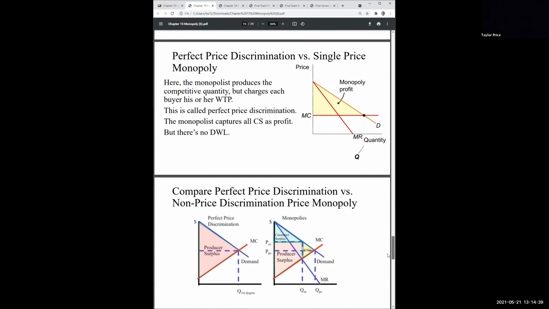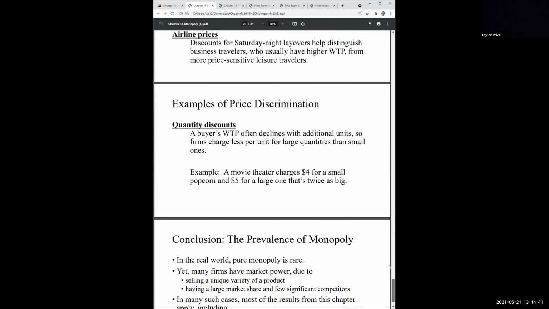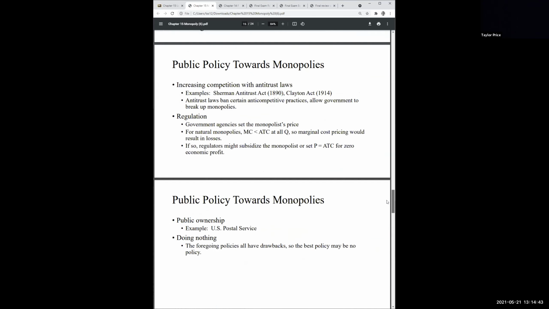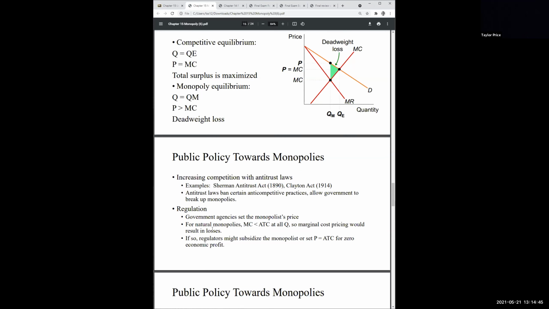So the idea is that if marginal cost is less than ATC, they can't actually price goods at marginal cost or the firm would lose money. Okay, that makes sense.